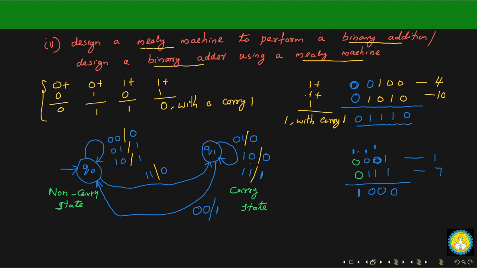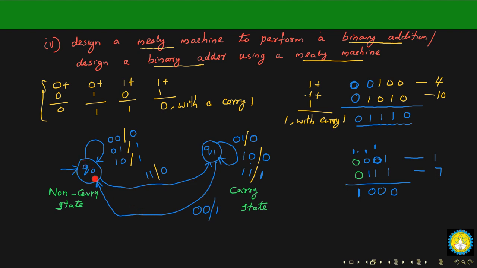We are doing this because when we are performing the 0 0 binary addition with carry 1, we are getting the output as 1, but at this time we don't have a carry. So that's why, very importantly, we have to shift to a non-carry state. So whenever you get a 0 0, you are moving back to the non-carry state.